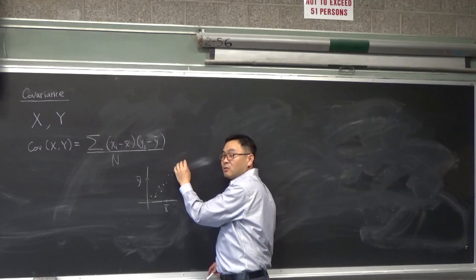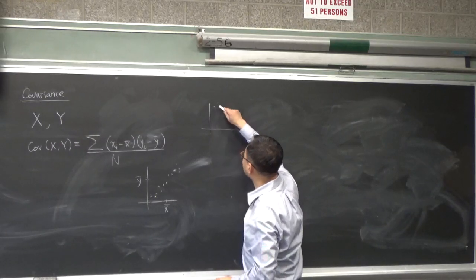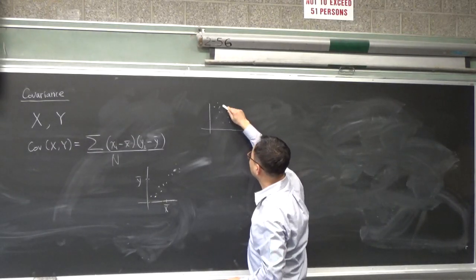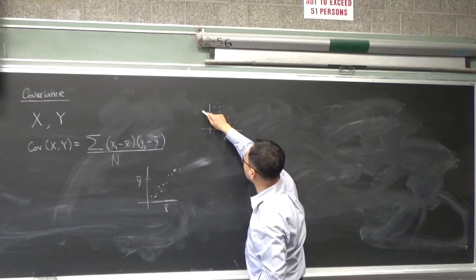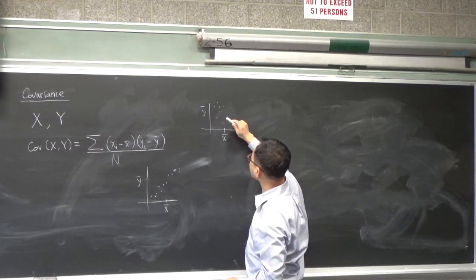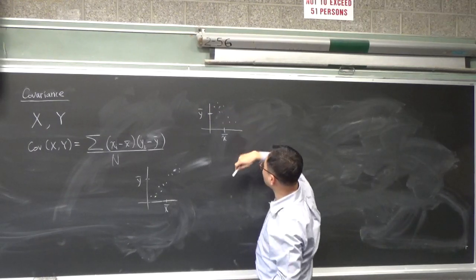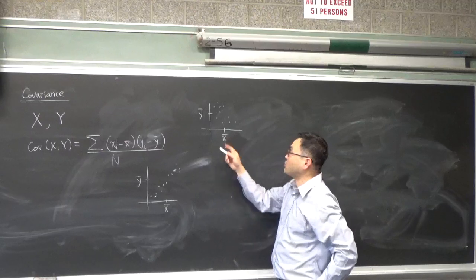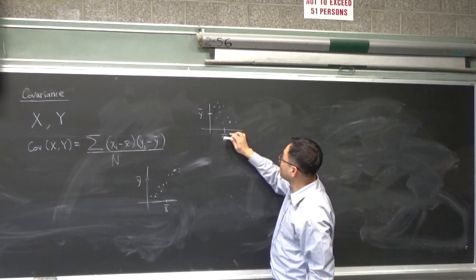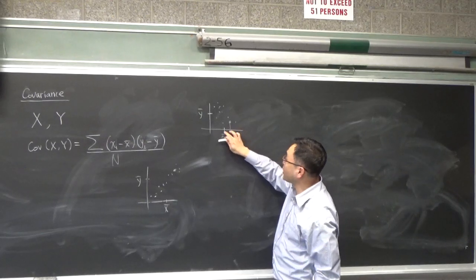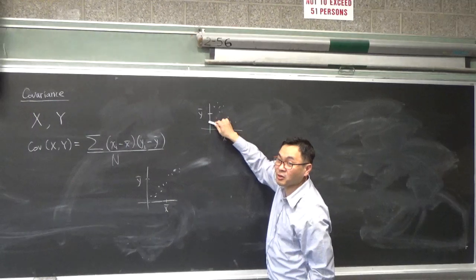On the other hand, if you have a scatter plot that looks like this, then let's think about x bar and y bar. I think the y values have average somewhere here, the x values have average somewhere here. And then you can see that things in here will have x coordinate higher than the average, whereas the y coordinate will be lower than the average of the y values.